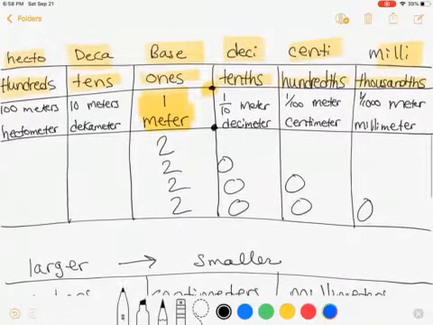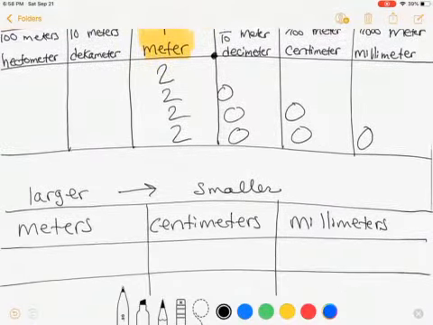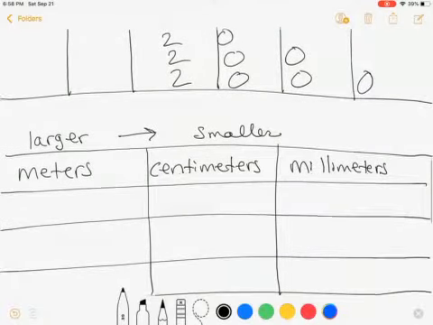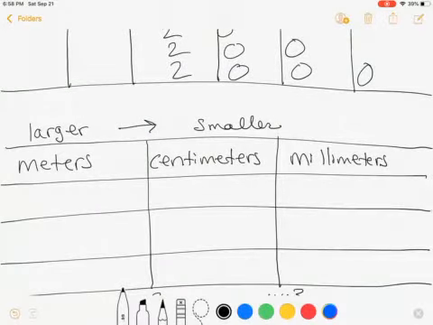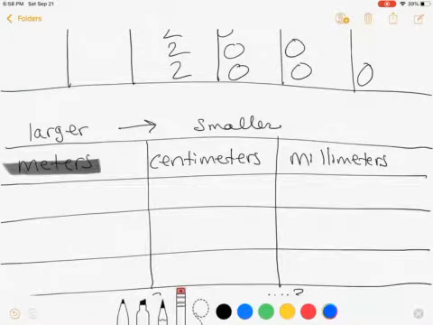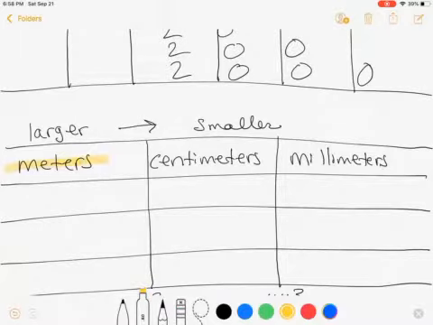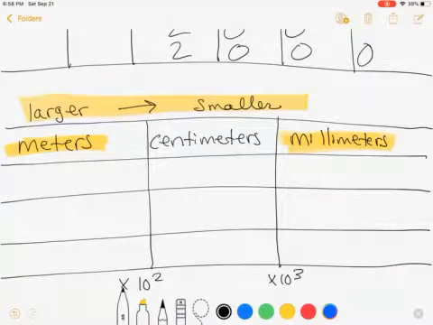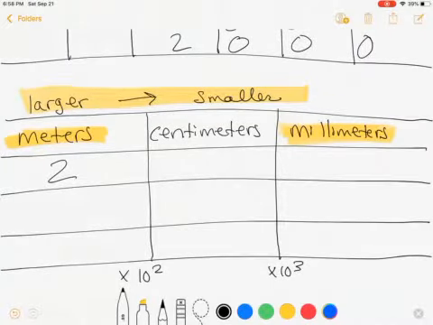Now, knowing the metric system, we can convert larger units to smaller units. Meters is a larger unit compared to millimeters, which is teeny tiny. So we're going from larger to smaller. So if we have 2 meters, we want to convert to centimeters, then we need to multiply by 10 to the second.